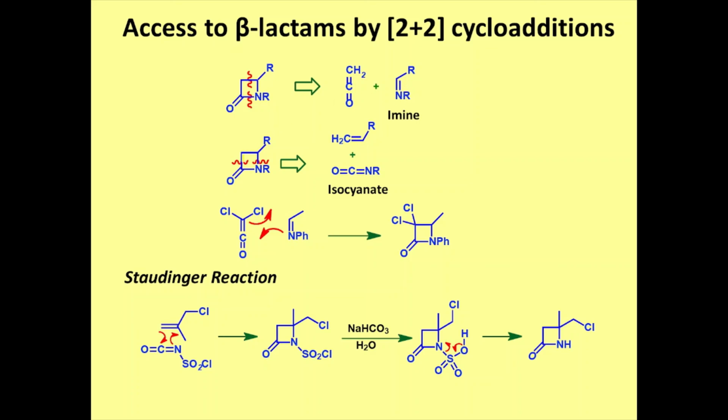We will see the example. There is another one that can lead to the olefin and substituted isocyanate compound. So those can be the substrates which can be used to synthesize the beta-lactams in a 2+2 cycloaddition reaction.